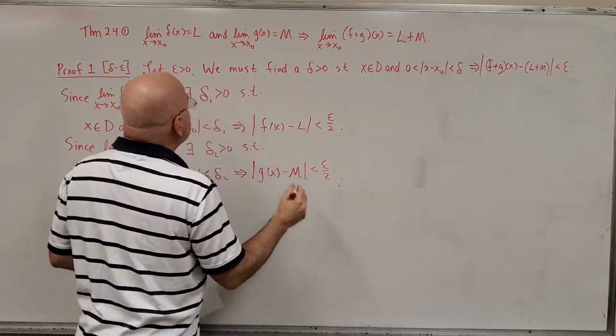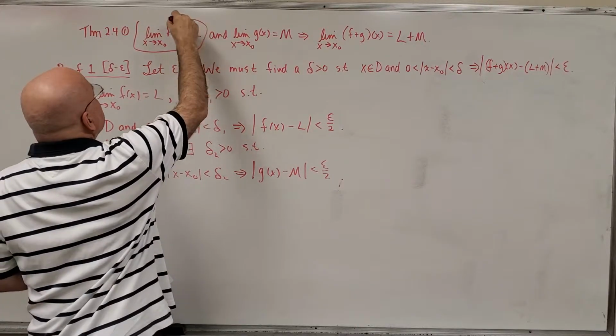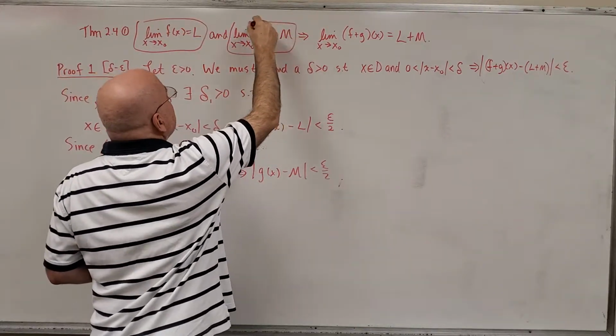So both of those sentences are due just to the fact that this limit exists and this limit exists.